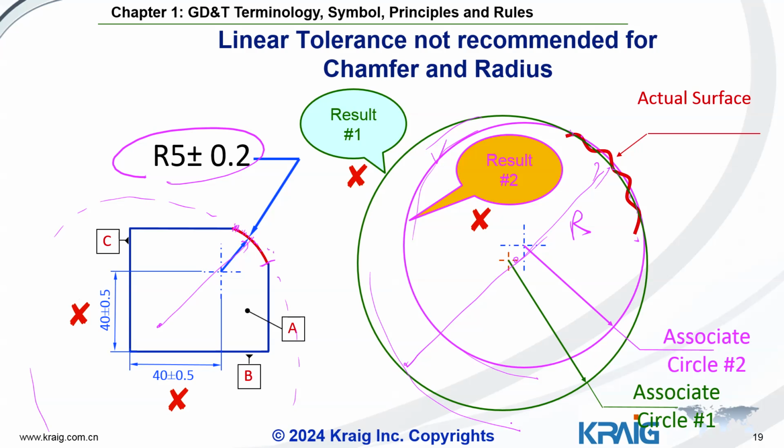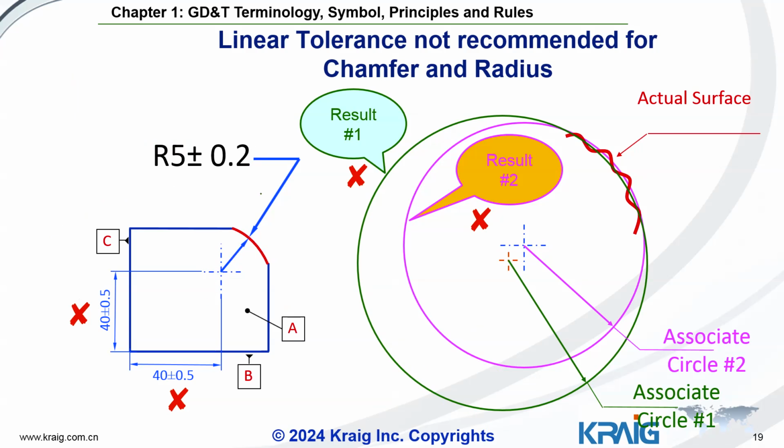And each time you will get a different result, because this portion is too small. So usually, in order to get a circle from a radius, we would recommend more than half a circle. Then you touch the points, and you can get a full circle. I would say more than half. Okay, so that's the reason we do not recommend using the plus minus radius specification. That's not recommended because the measurement is not stable.